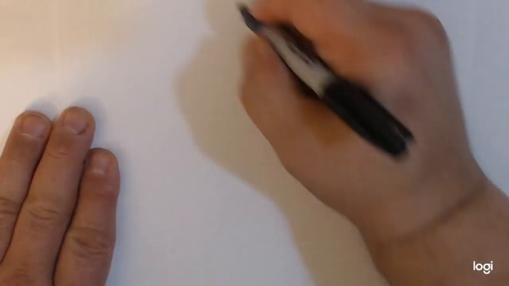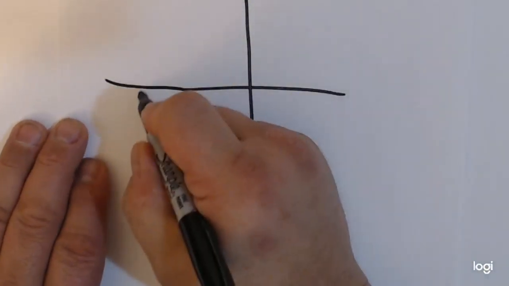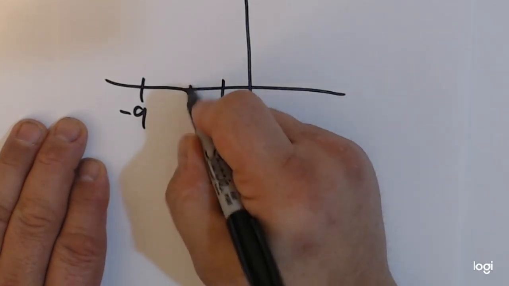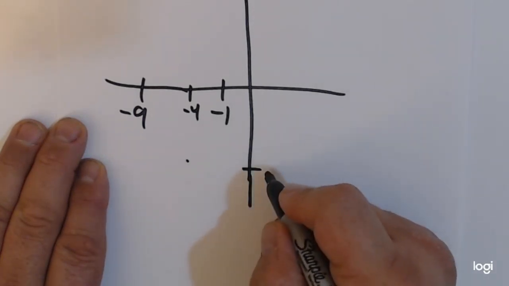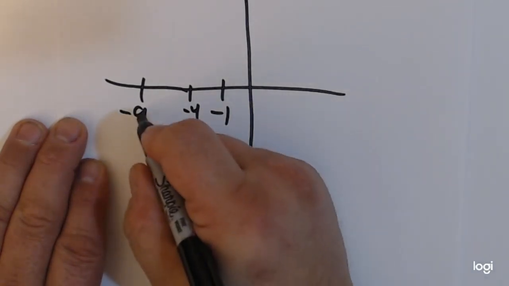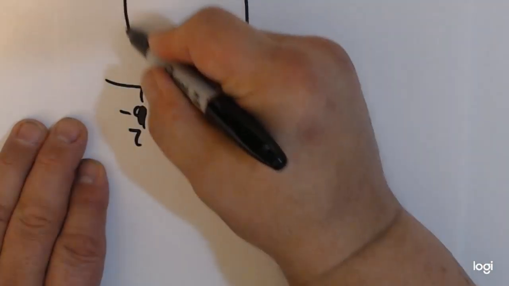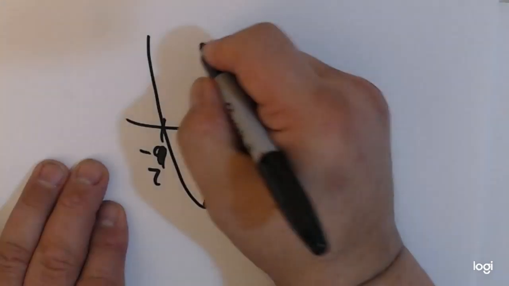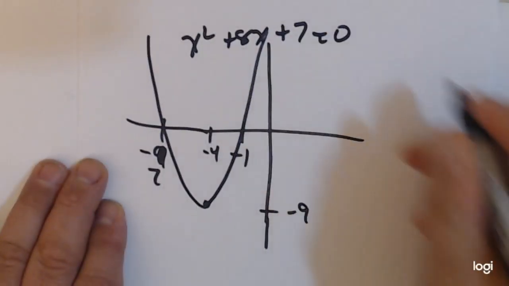Even with my poor drawing skills, that's bad. Let me put that out a little bit. Negative 9, negative 1, negative 4, boom, negative 7, negative 9. So right here, there's your graph of x squared plus 8x plus 7 equals 0.